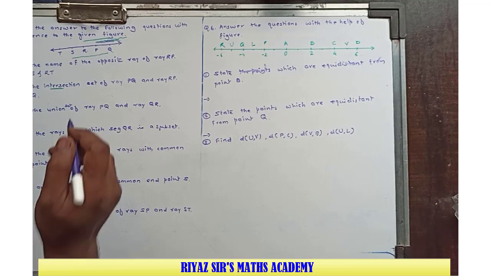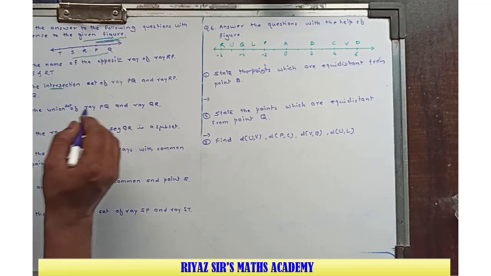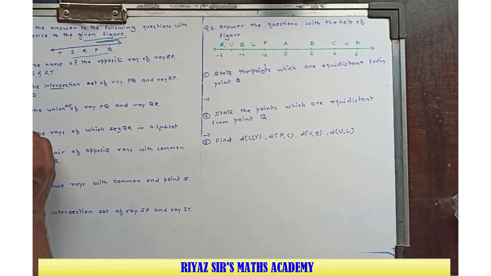So if you consider their union, then both are rays. Therefore this is line PQ, you can say. The union set of ray PQ and ray QR is nothing but the line PQ or line QR, you can also say. कोई भी ले सकते हैं क्योंकि all these points are collinear points.